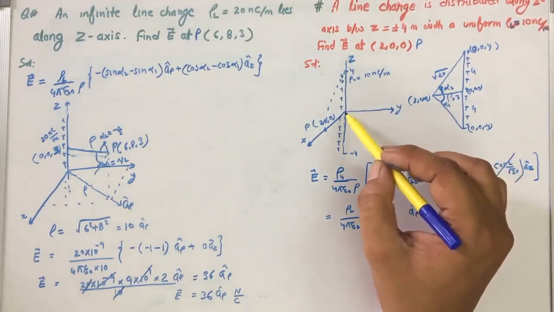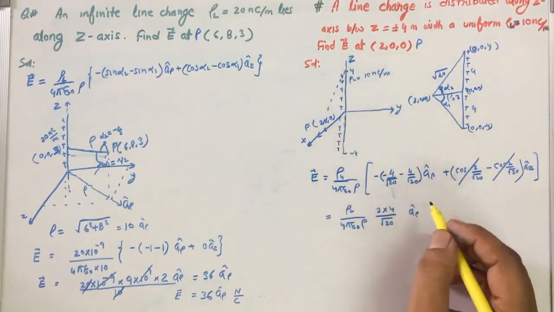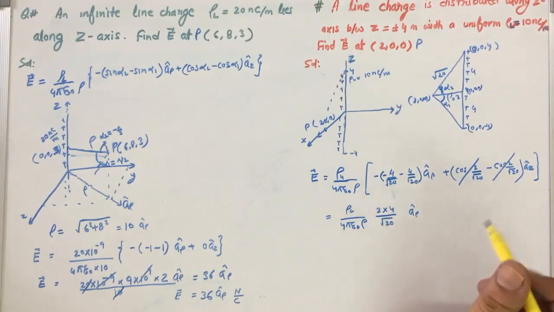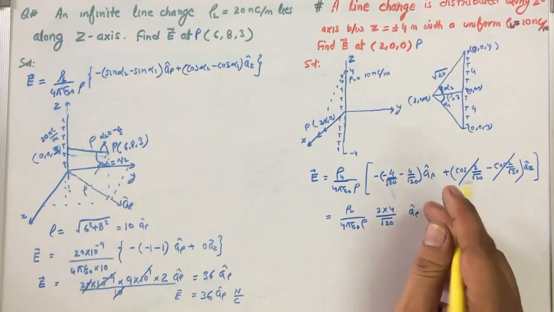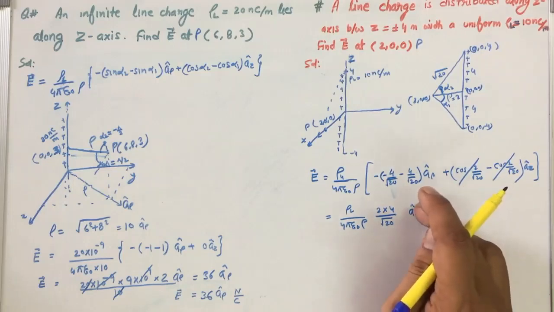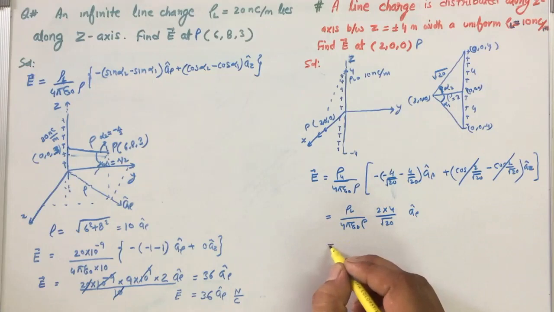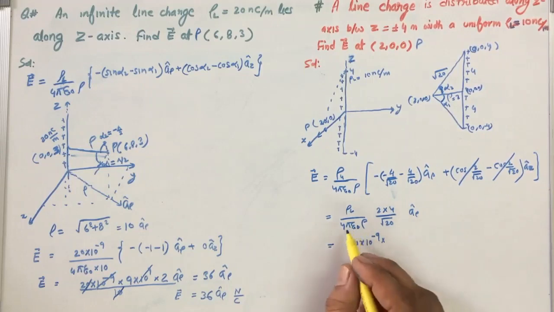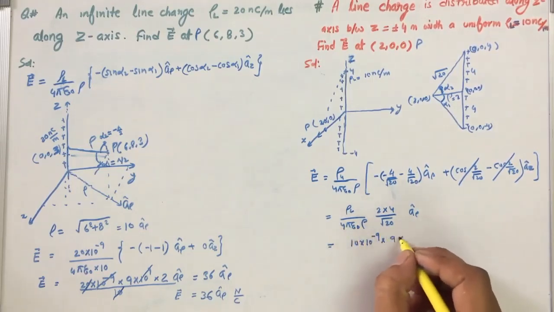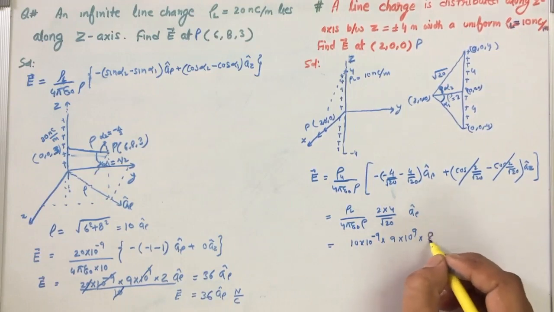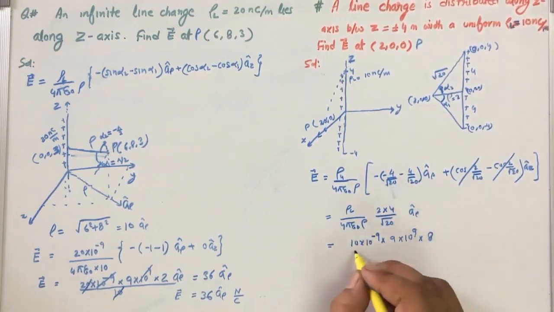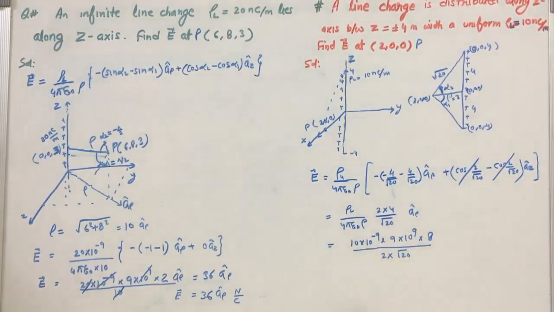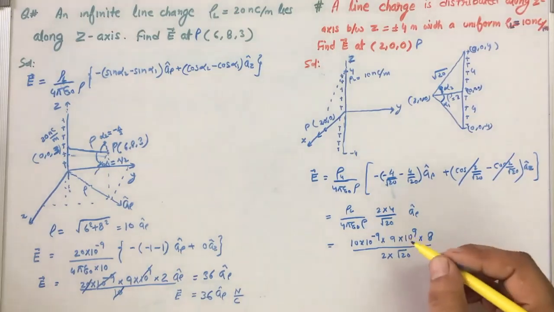And which one is the radial vector? The radial vector will be along AX. So rho will be along AX. You can write it here: 10 into 10 to the power minus 9, 1 by 4 pi epsilon naught can be written as 9 into 10 to the power 9, into 8, rho is 2 into root 20.